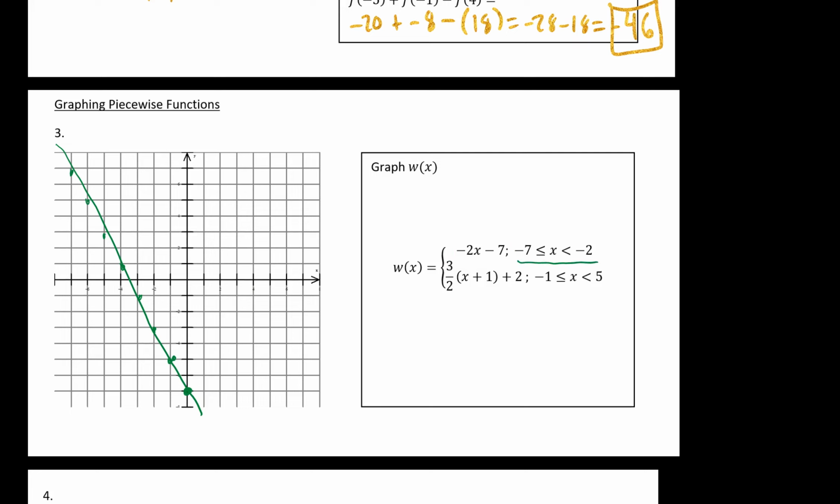From negative 7 to negative 2. So I'll go to negative 7, go up here, and put a closed point, because it does say less than or equal to, correct? And then I will just erase to the left. And it goes until where? Negative 2. So I'm going to erase everything past negative 2. And what do I need to have on that point? That's the open point, right?